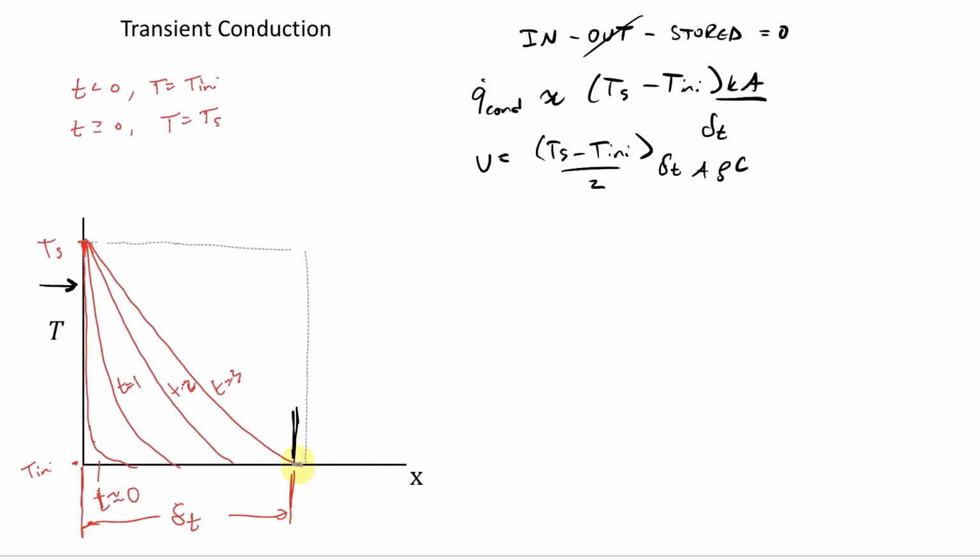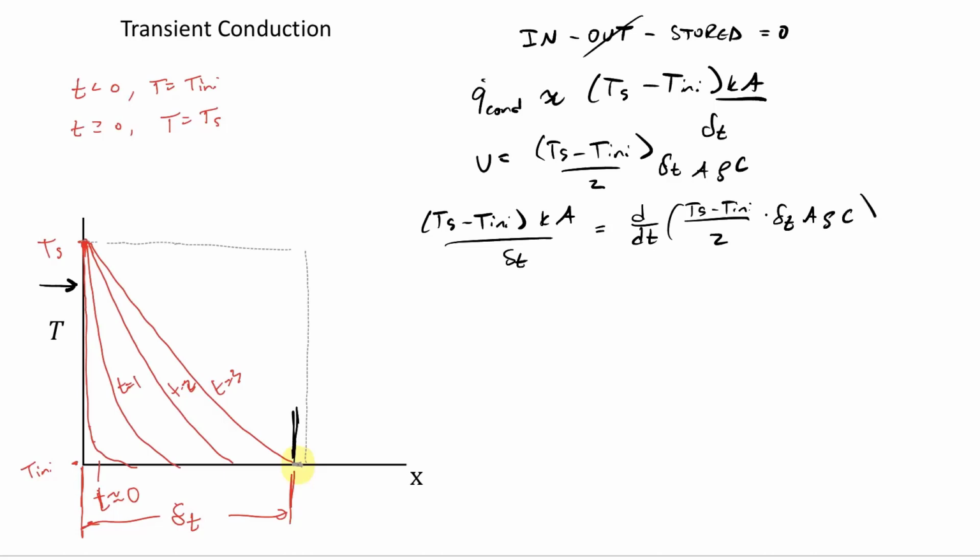Okay, so we have our two energy terms here. Let's put these together. If we do that, we end up with (Ts minus T initial) times k times A divided by delta T, and that's equal, on the right-hand side, to d/dt of delta T, where delta T is Ts minus T initial, over 2, times delta T, times area, rho, C. Now in this expression, Ts and T initial are constant values.